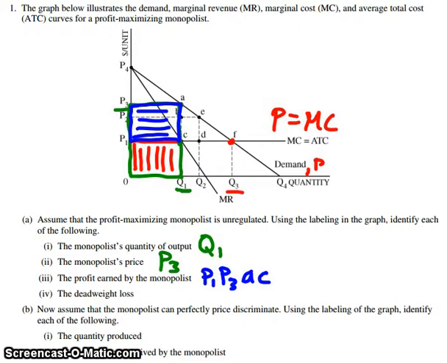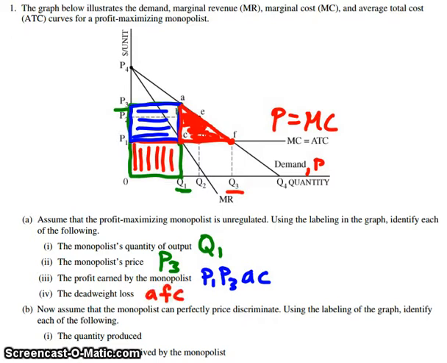Since the monopolist produces at Q1, the area of deadweight loss would be this area AFC. We could shade it in a little bit if we wanted to. AFC, ACF, CAF, however you want to order those letters, that would represent our area of deadweight loss, the difference between the quantity Q3 that society wants and the quantity that the monopolist produces, Q1.